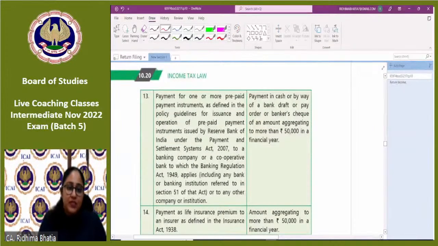If you are taking prepaid instruments of RBI, prepaid payment instruments, where the payment is in cash or by bank draft, pay order or bank cheque of an amount aggregating more than 50,000, then you have to give your PAN number.